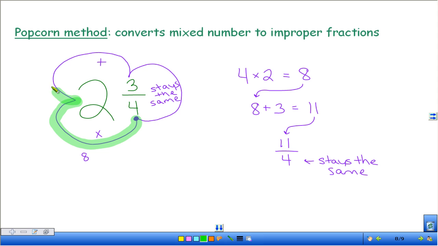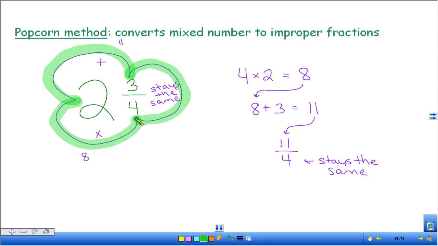And then in your next little bubble, we're going to make it all the way to the 3. And you need to put an addition symbol in there. Because the next part is you add. So we did 4 times 2 is 8. What's 8 plus 3? 11. If you want to put a little 11 up there, you can do that. And then the last part of it, you don't really have to do anything.